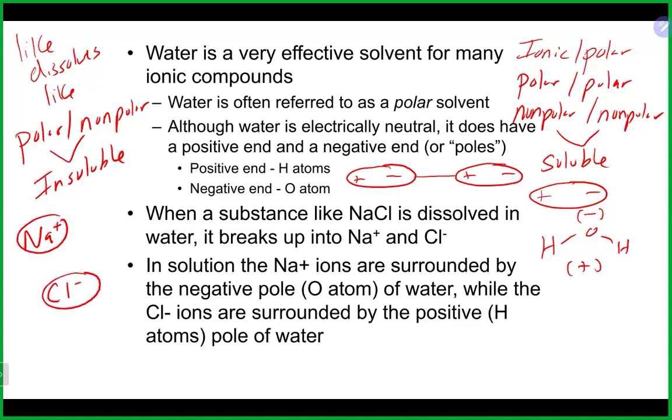And what happens is the water molecule will surround the positive ion with its oxygen, which is negative, and help that sodium chloride dissolve in solution. Same thing will happen with the chloride. It's negatively charged. The hydrogen side of water, which is positive, will start to surround the chloride ions, right?